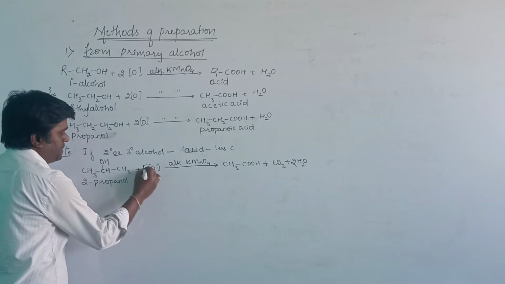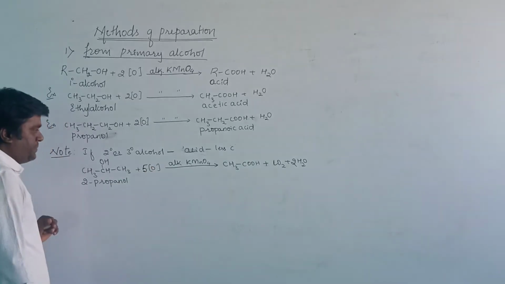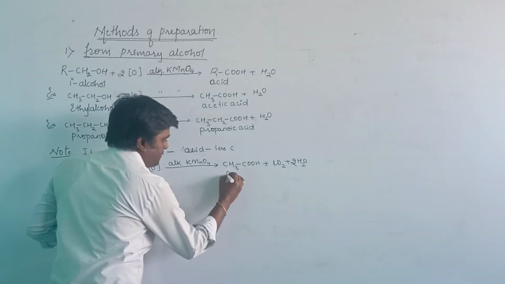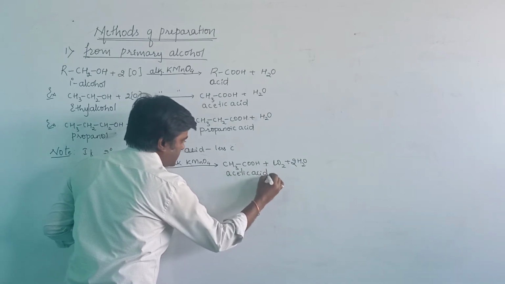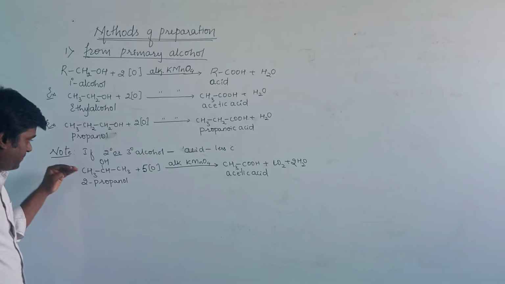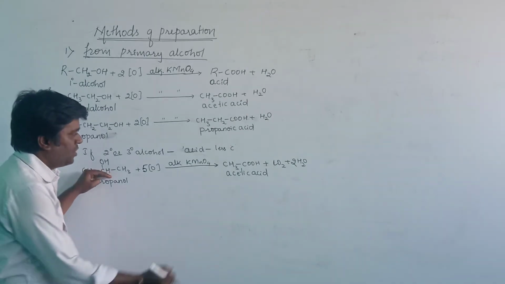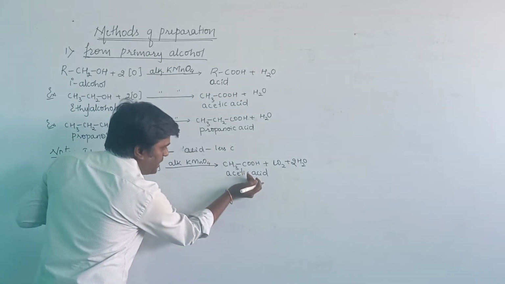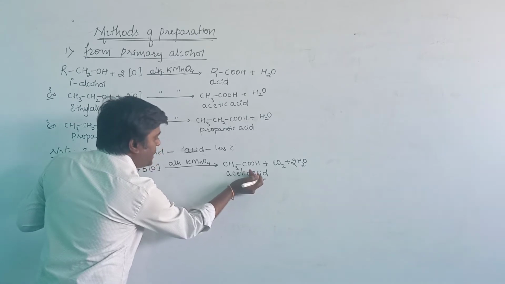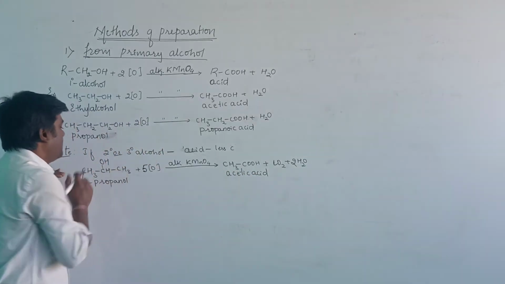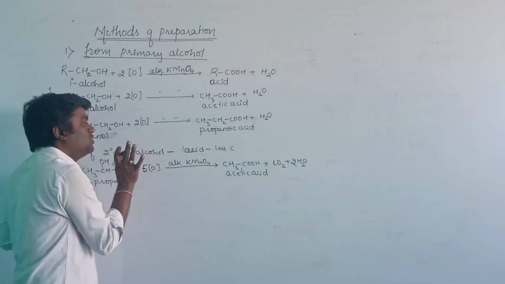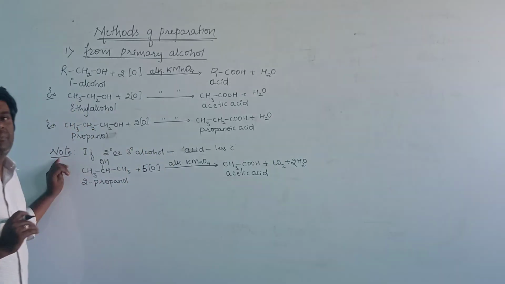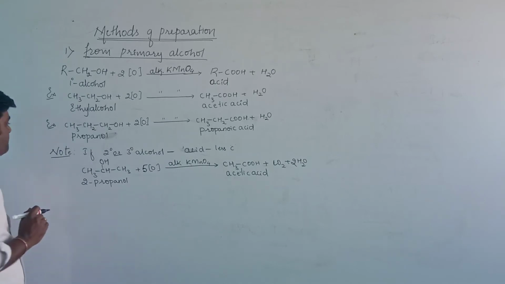Now it is the balanced reaction. This compound is acetic acid. When we compare the secondary alcohol and the acid here, the acid contains one less carbon atom compared to the alcohol. And tertiary alcohols also give an acid with one less carbon atom compared to the alcohol.